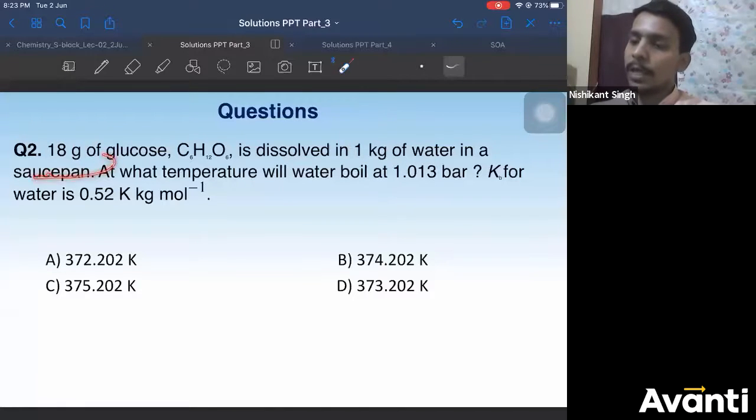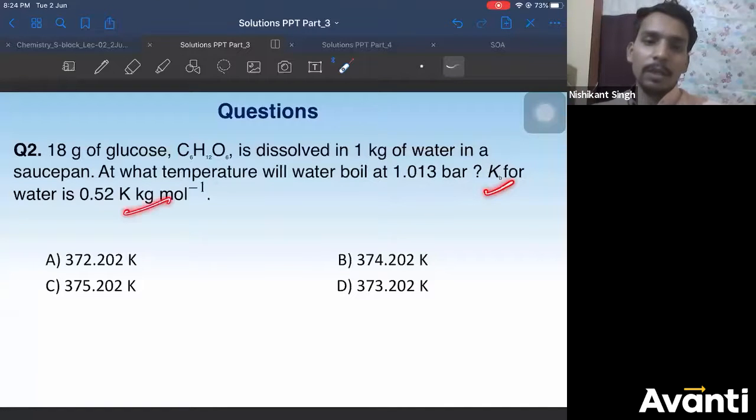In a saucepan, at what temperature will water boil at this bar pressure? Now it is important. At what temperature will water boil, if this is the pressure?